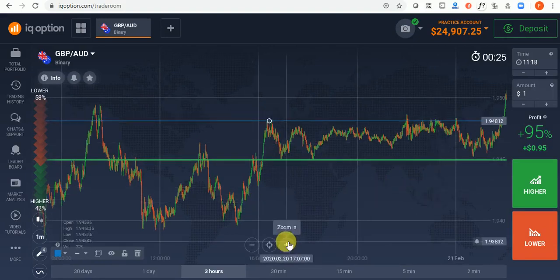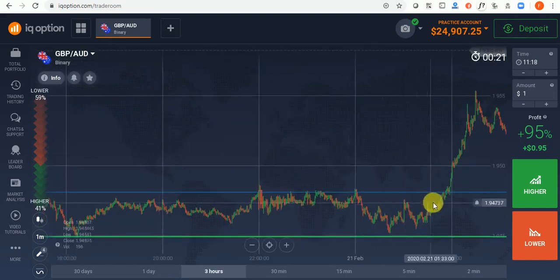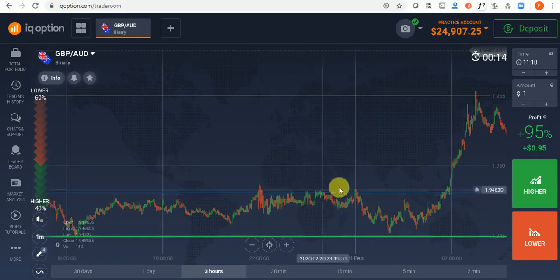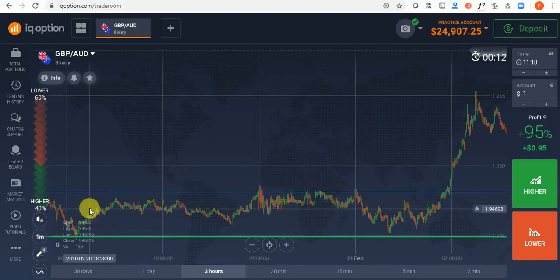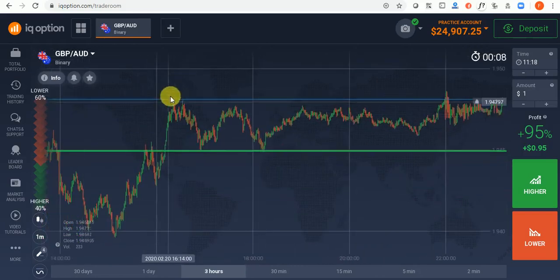As we can see, I will expect movement around this point. We have respect here, here, and here, and reactions here as well. Let us go back to history and see if truly, as you can see, we have it here as well. Price goes to this point and bounces back down, and bounces back down.